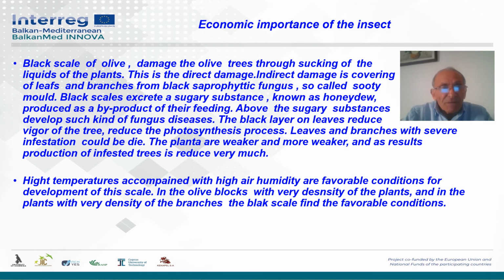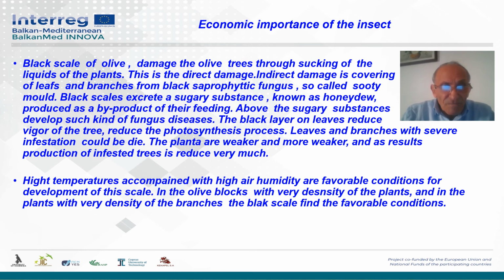On the sugary substance this kind of fungus disease develops. The black layer on the leaves reduces the vigor of the trees and reduces the photosynthesis processes. Leaves and branches with a severe infection could die. The plants become weaker and weaker, and as a result, production of infected trees is reduced very much.